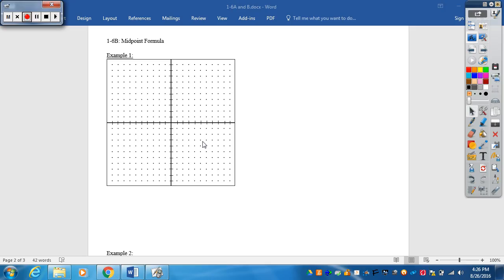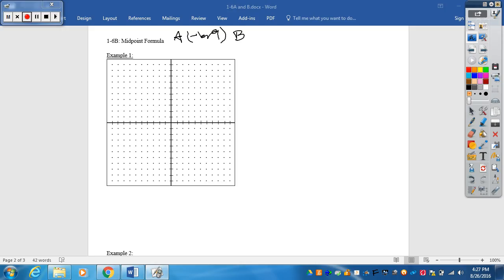So the first thing I'd like to do is have you graph these points for me. Graph point A, which is going to be at negative 6, 9.